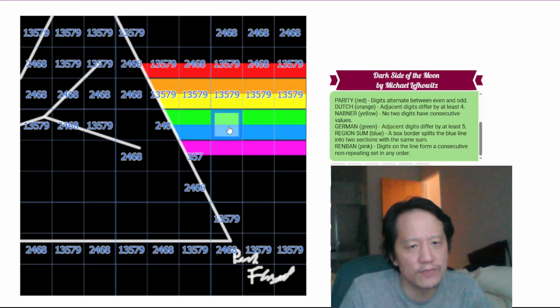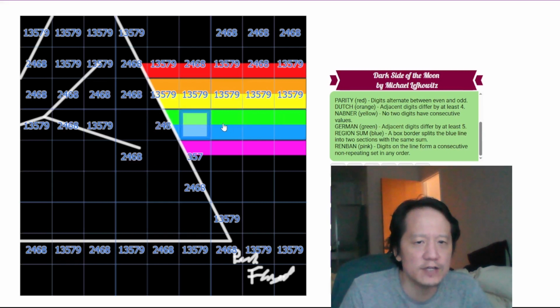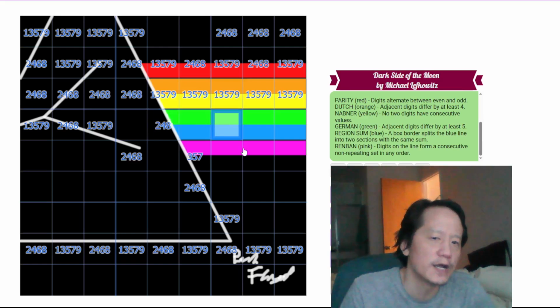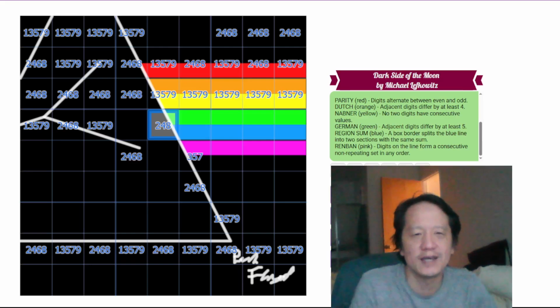But then this would have to be high, and you'd have 2 highs here. So if you try to have 8 and 3, that's 11, which would force this to be 9. And that would be at minimum 9 plus 1 plus 2, which is 12. So this cannot be high here. This has to be a low digit.